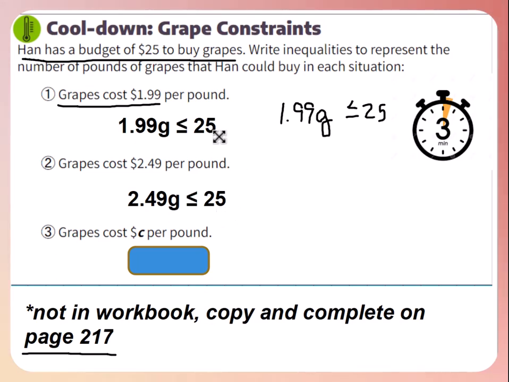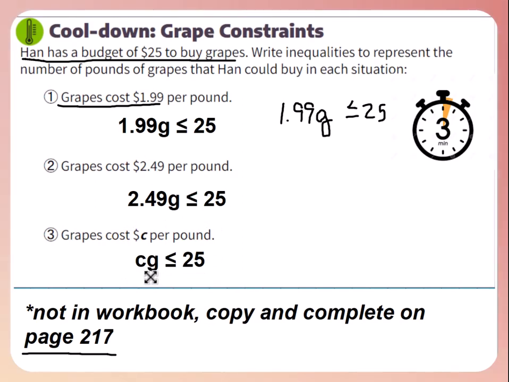Using this pattern, we're multiplying the cost per pound times the number of pounds, and it has to be under or equal to $25 because that's all we have to buy grapes. So that expression would be the cost times the number of pounds of grapes less than or equal to 25.